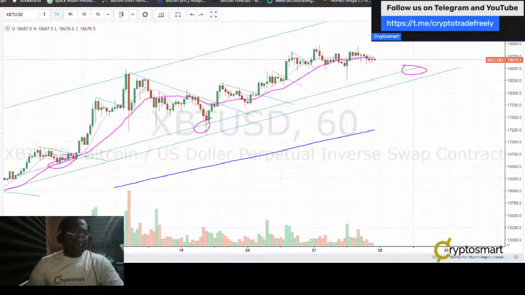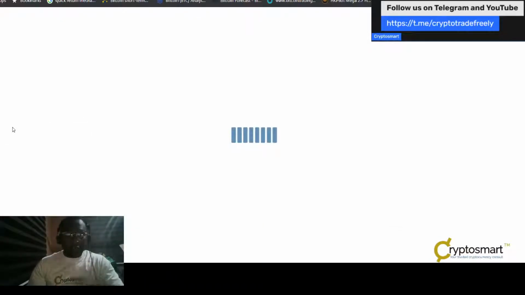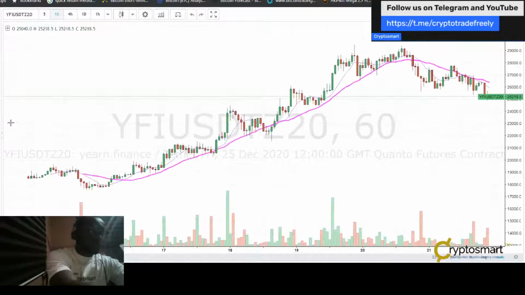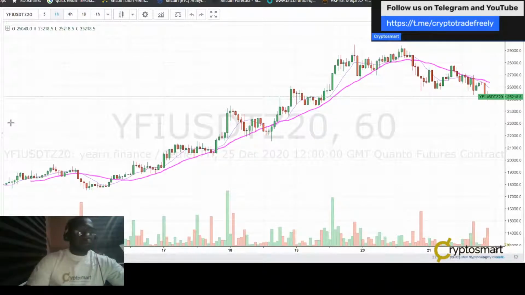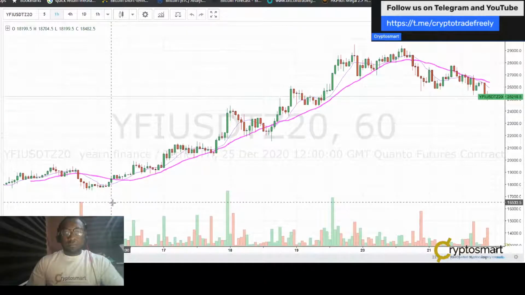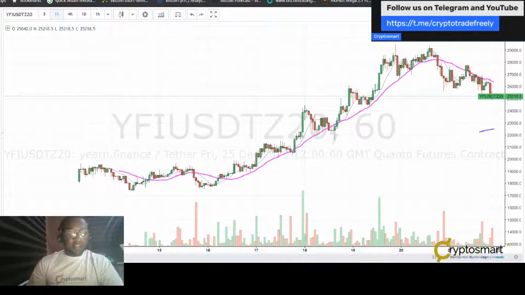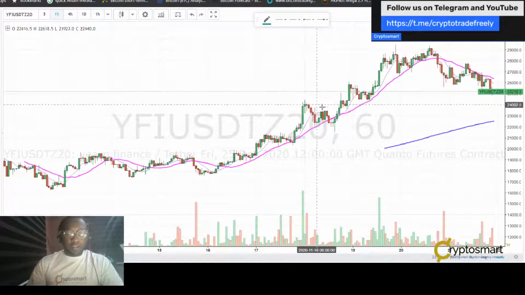I think I need to refresh it. The indicator is not bringing out what I mean, the tools. They're not coming out right. Uh-oh. Refreshing took away all my trend lines. Sorry. I really need to draw them again.